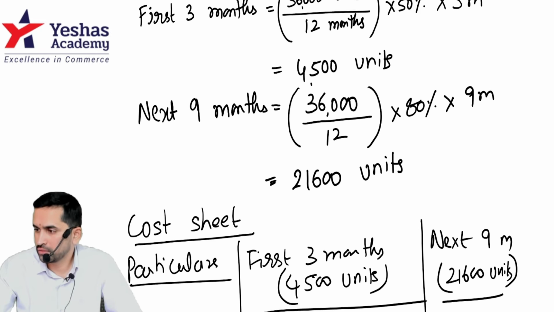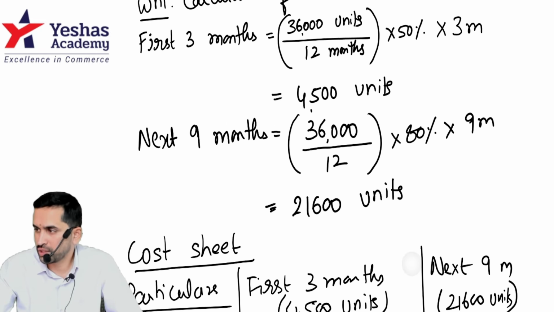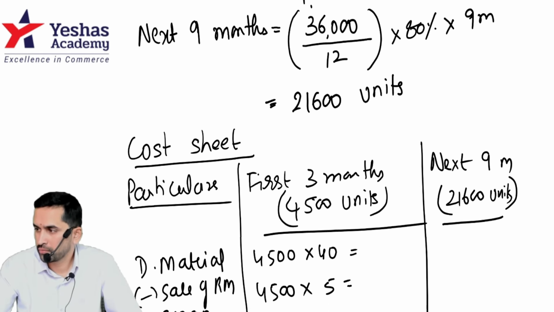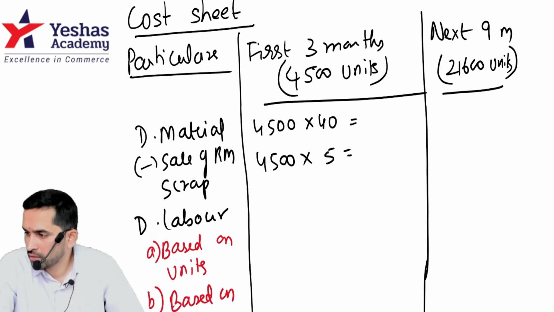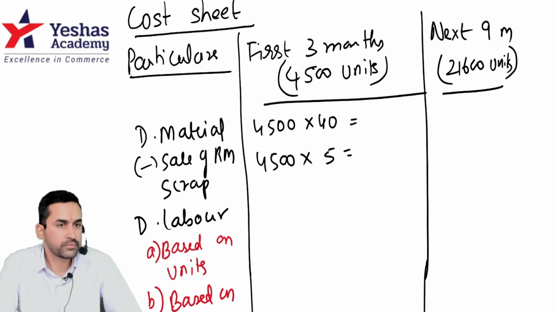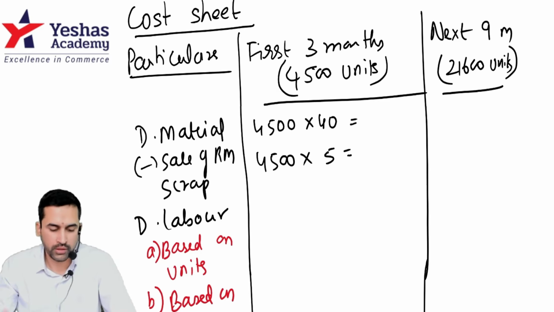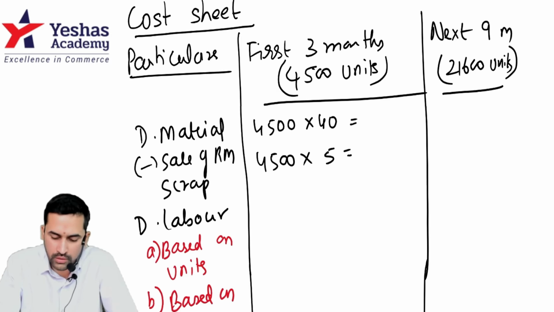Now we are doing that. Direct material, 40 rupees per unit, 4,500 into 40, minus sale of RM scrap, 4,500 into 5 rupees. 180,000.